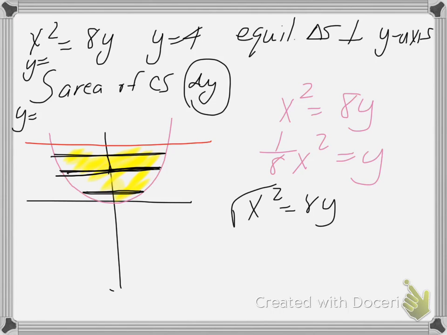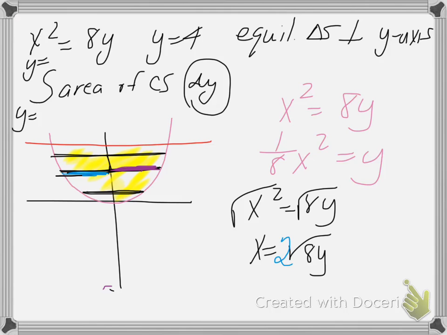If I take the square root of both sides, I get x equals radical 8y. But that would only be the piece that's going from here to here. That purple line I just drew. So in order to get the whole long piece, that purple piece plus this blue piece, I have to double it. So the base is actually 2 radical 8y.